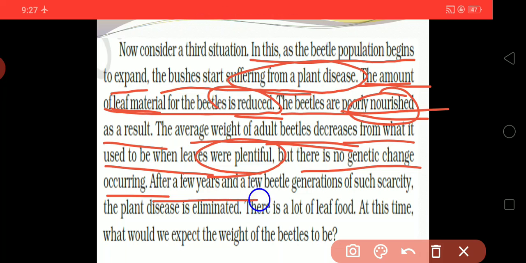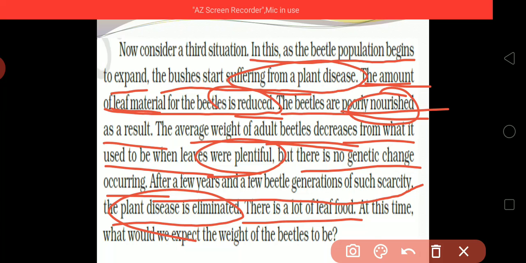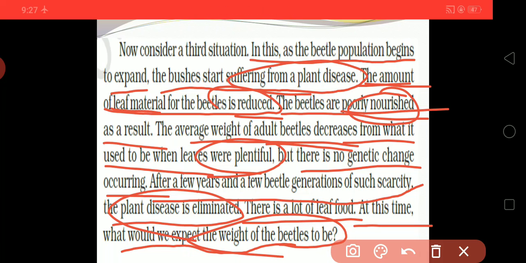After a few years, a few beetle generations of such scarcity, the plant disease is eliminated, and there is a lot of leaf food. At this time, what would you expect the weight of the beetle to be? But this is for a sufficient period of time only.